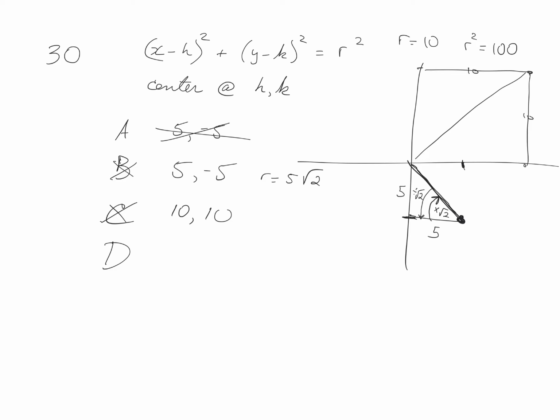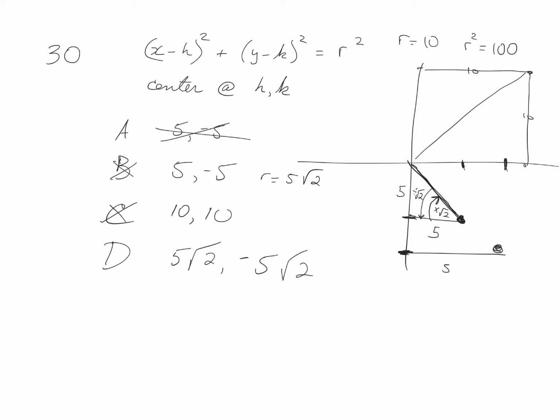We can also check D if we want, although we don't have to. We have a center of 5 root 2 and negative 5 root 2. 5 root 2 is about there, and negative 5 root 2 is about there, so we'll be around here.